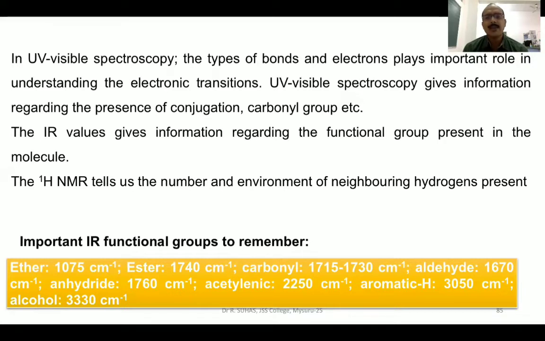Whereas IR will be telling about the important functional groups present in the compound, whether it is stretching, bending, CH stretching, CH bending, alcohol, or amide, or carbonyl functional groups can be easily detected by using IR spectroscopic information. Whereas 1H NMR spectroscopy tells us about the different types of protons that are present in the compound, and the environment in which they are present.